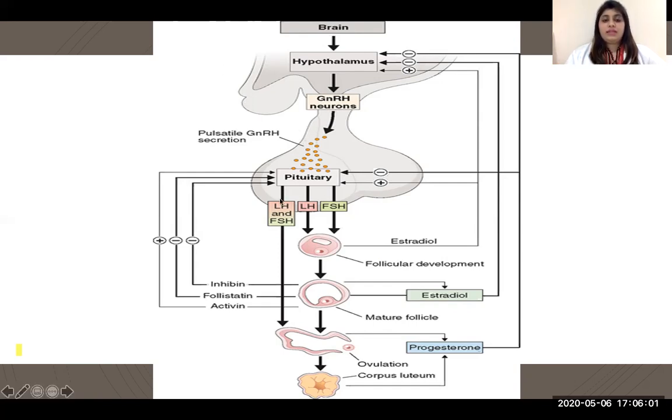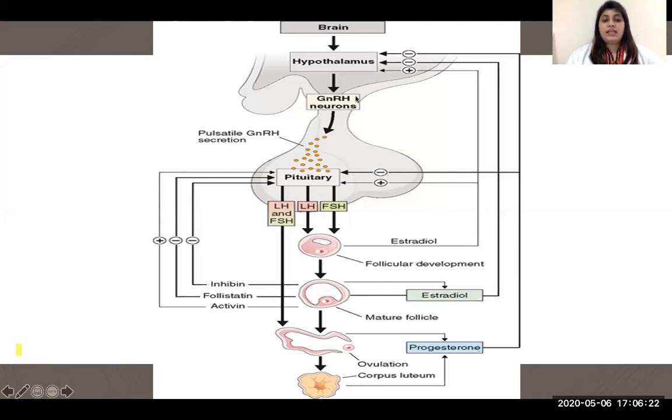So where are we? Yeah, here, the pituitary. This LH and FSH control the maturation of the ovarian follicle.